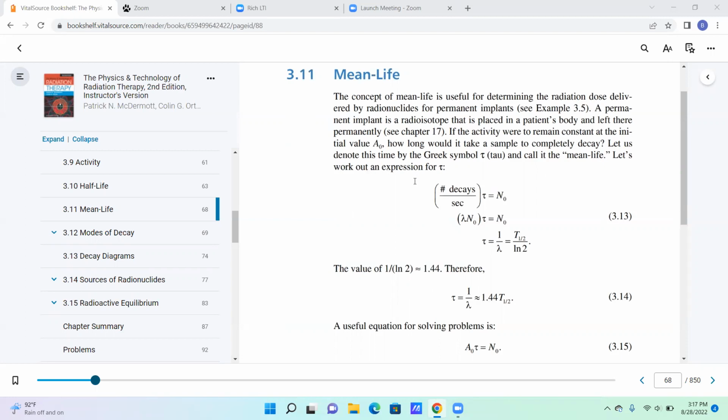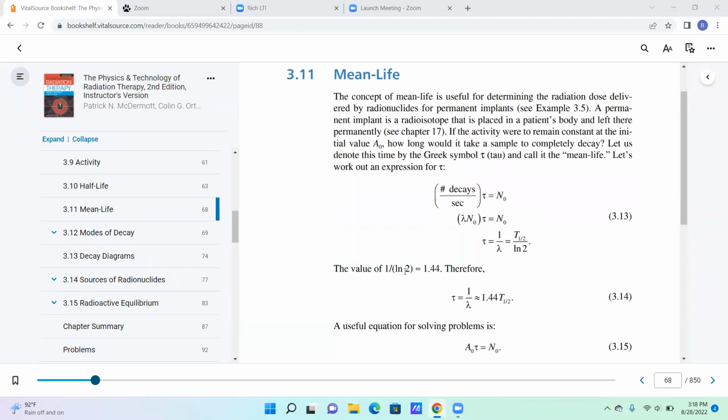And let's work out an expression for tau. So the number of decays per second multiplied by tau is going to be equal to N naught. The number of decays per second is the same as lambda times N naught. And then tau is going to be 1 over lambda.